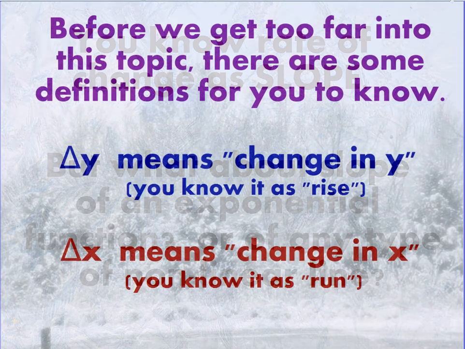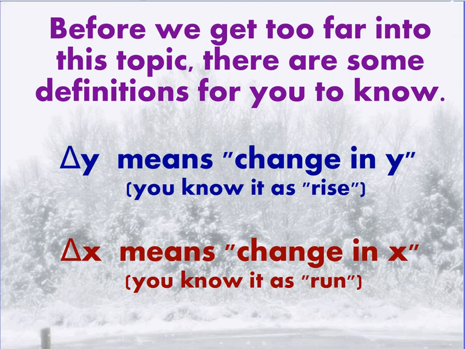Before we get too deep into this topic, there are some definitions for you to know. This triangle is read as the word delta. Delta y means change in y. And since y is our vertical axis, we've always called it rise. Delta x means change in x.